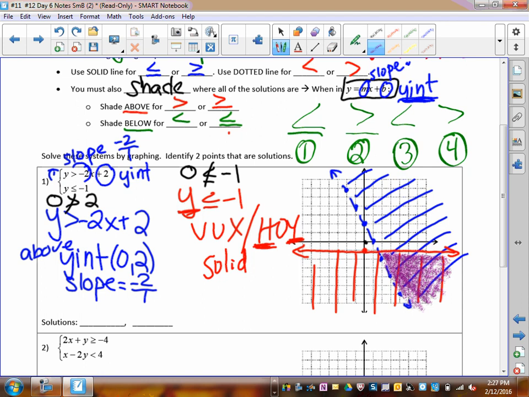Okay, so our solutions before were in the shaded region, right? So now our solution is anything that's in my double shade, in the overlap. So, Maddie, what is one solution for this system? Pick anything in your shaded area.